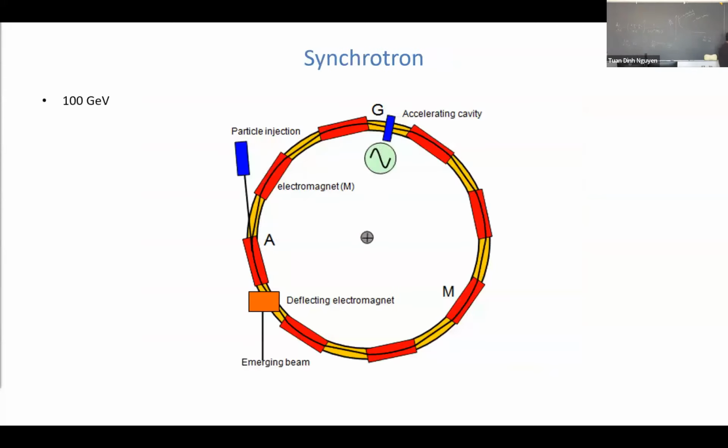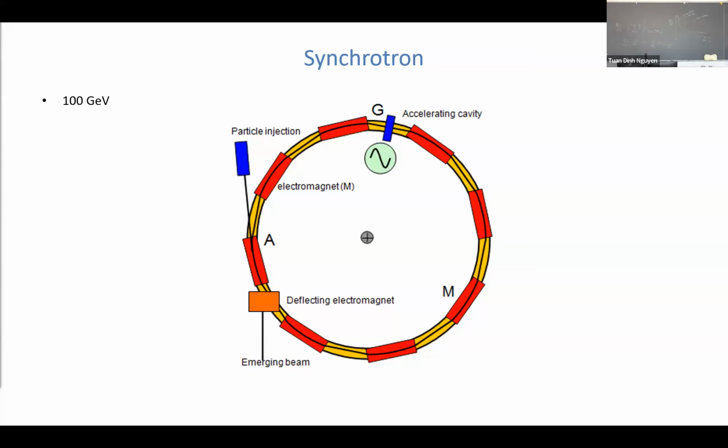The next type of accelerator would be called the synchrotron. Now, obviously, we can't make the magnets bigger. At some point, it's just too cost prohibitive and material-wise as well to make a big magnet. So we're just going to do a bunch of linear accelerators, but bend them in a ring. In this way, you can still keep them going around, getting them faster and faster in energy, but you do it in small linear bits at a time.